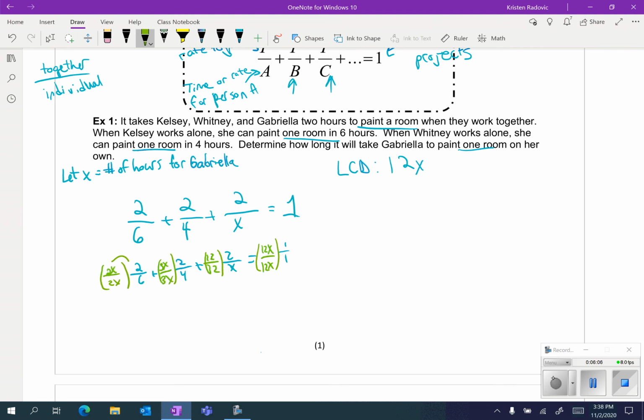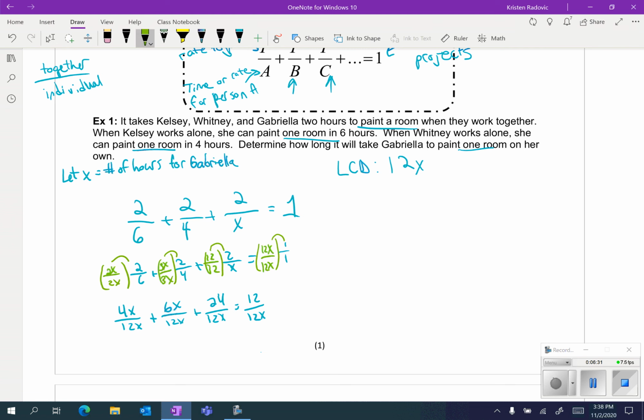Now you're going to multiply everything together and solve the resulting equation. So we're going to get 4x over 12x plus 6x over 12x plus 24 over 12x is equal to 12x over 12x.